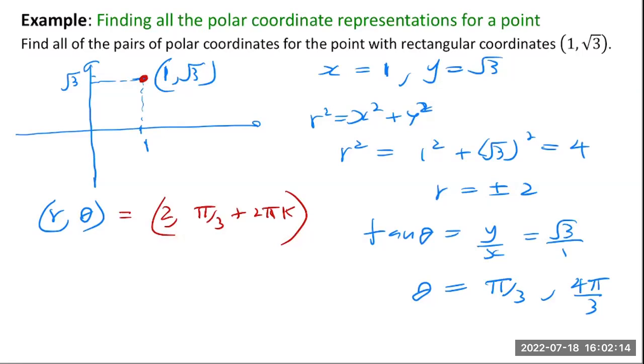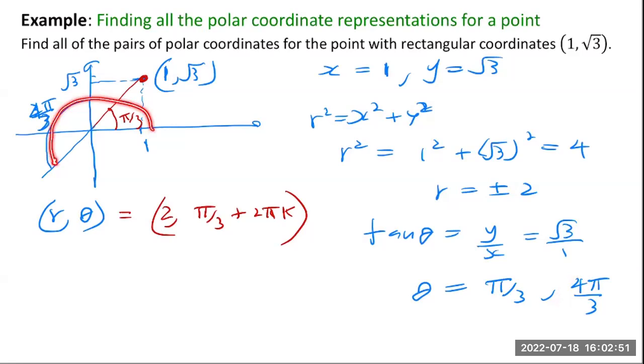This is one possible representation. Are there any other representations here? Well, yes. In this case, notice that we can work with this angle, which is pi over 3. If I extend this line to the other side, notice that this total angle is 4 pi over 3.